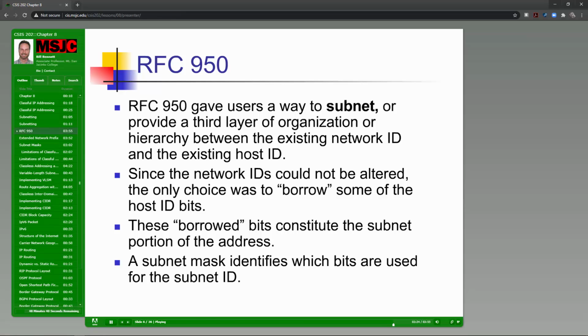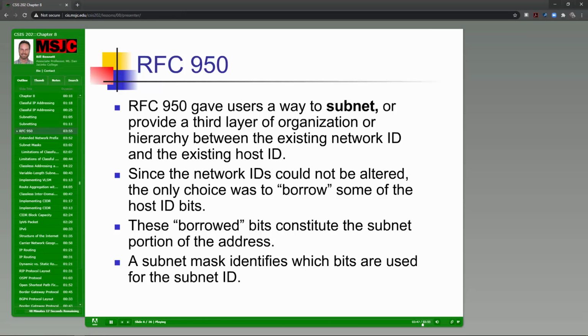To find what its network address is, it could care less about the host portion, and so it has to figure out what the network portion of the address is, and then it uses that to compare to its routing tables to figure out what interface it's going to forward that message out of. And so the subnet mask is what actually defines in an IP address which portion is the network and which portion is the host.